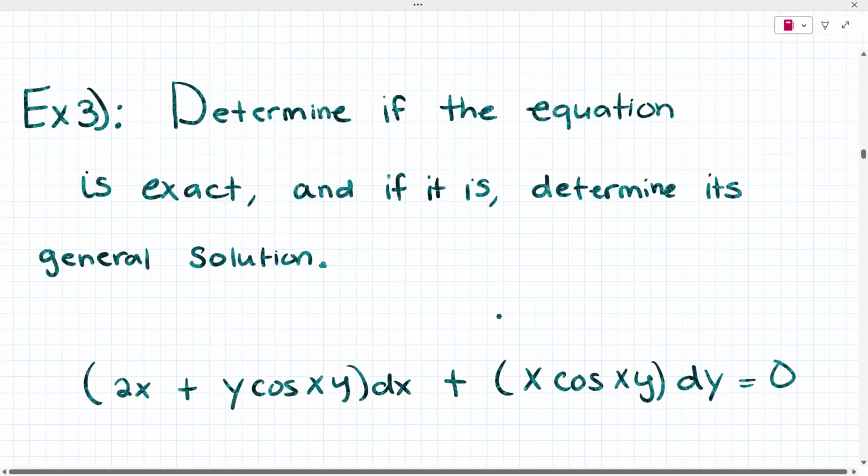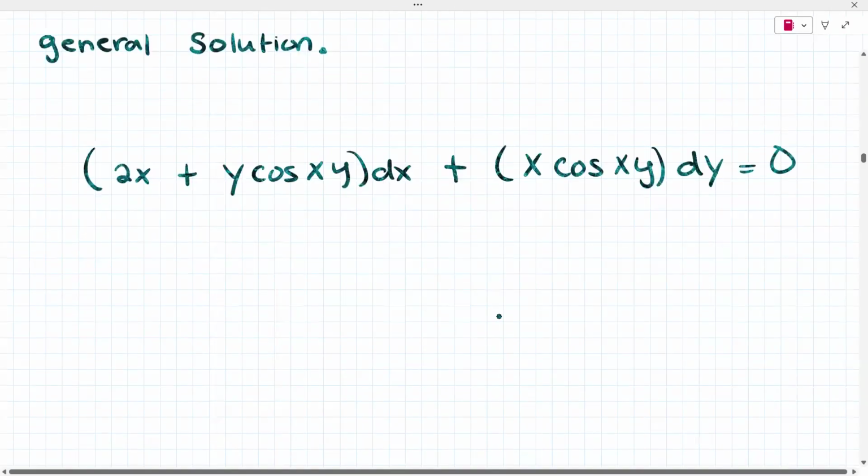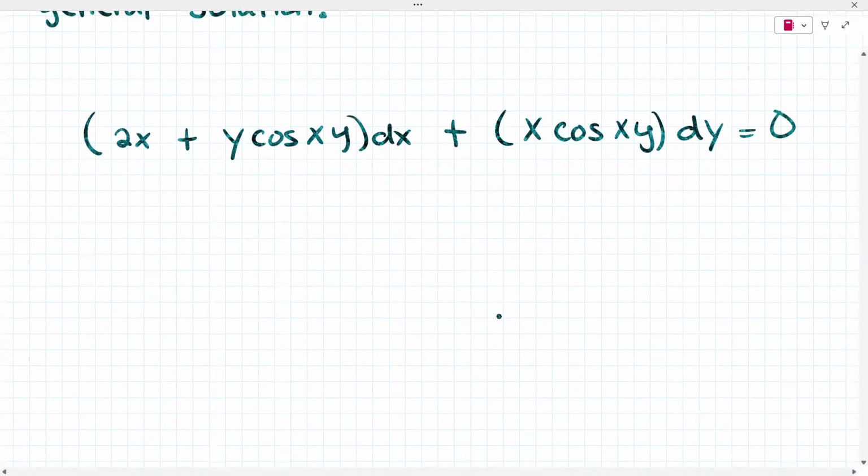Okay, example 3. Determine if the equation is exact, and if it is, determine its general solution. So we have parentheses 2x plus y cosine xy dx plus parentheses x cosine xy dy equals 0. First step, is it in the correct form?